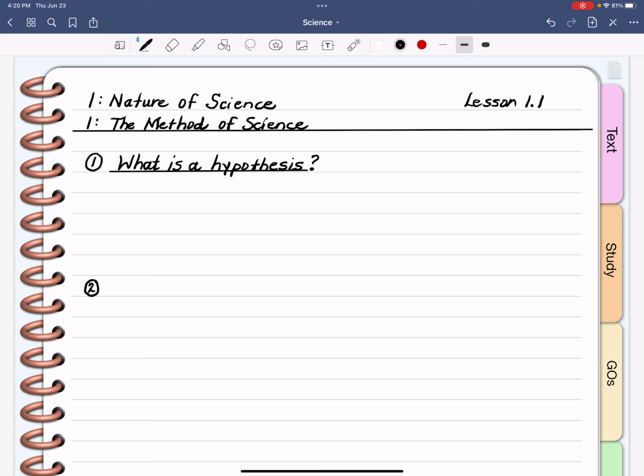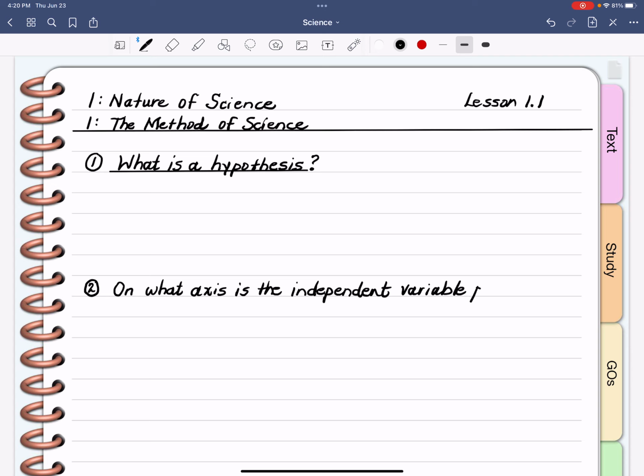So question number 2 is, on what axis is the independent variable plotted? And again, we haven't really studied this enough to answer this right now, but when we finish this lesson, we should be able to answer this question.